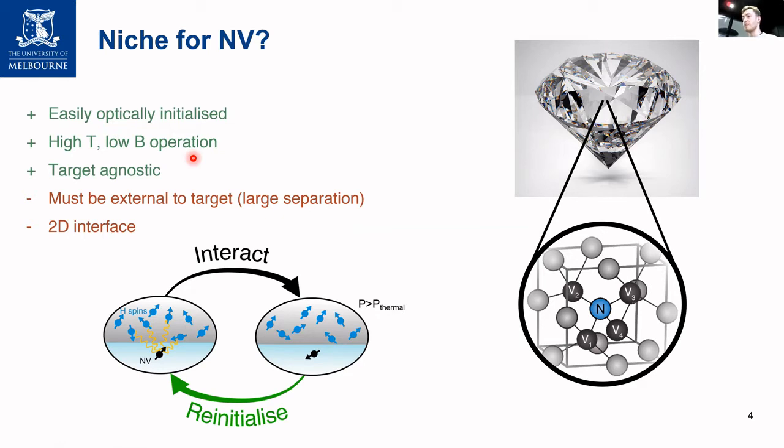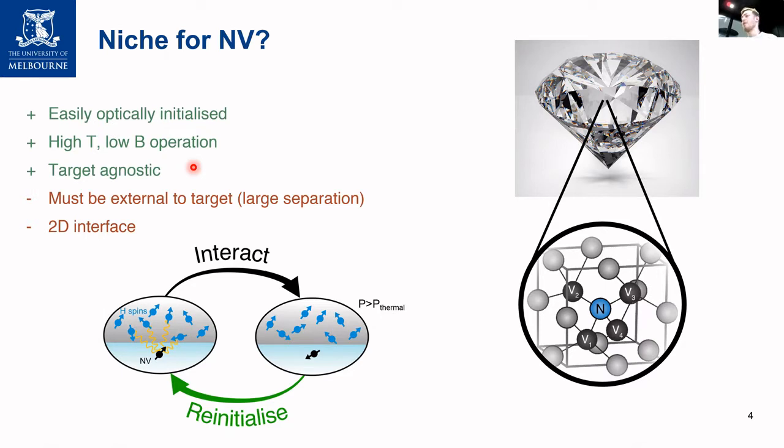And together with the room temperature operability, NV is an appealing candidate for hyperpolarization, because it has almost zero technical overhead compared to some other existing brute force techniques. We don't need low temperatures, we don't need high fields, we don't need really powerful microwave sources to drive our spin resonance with nuclear spins. And we also have an advantage in that we can couple to completely arbitrary nuclear spins.